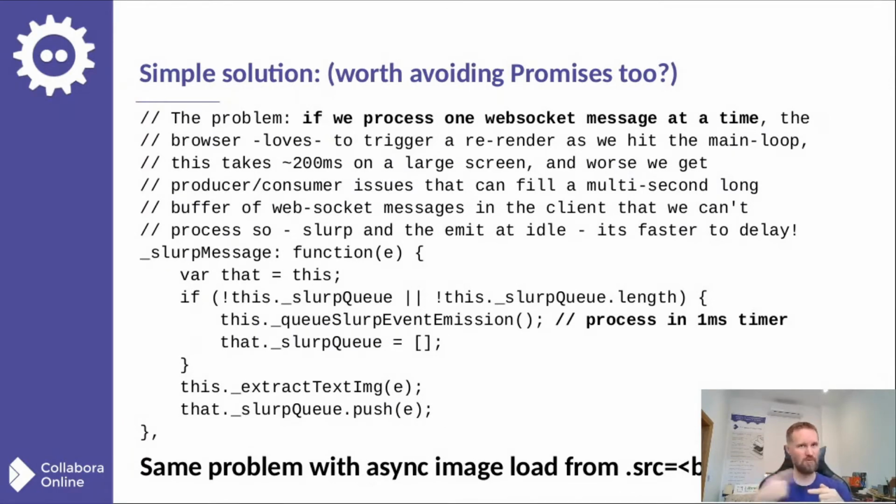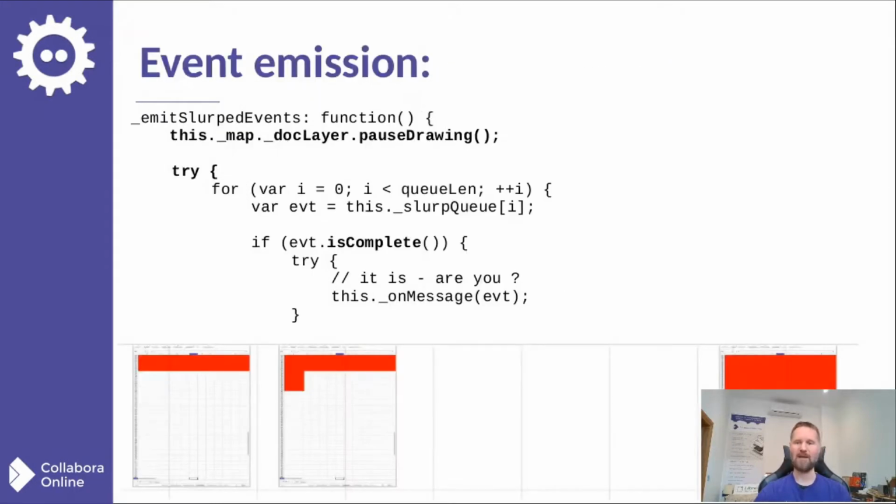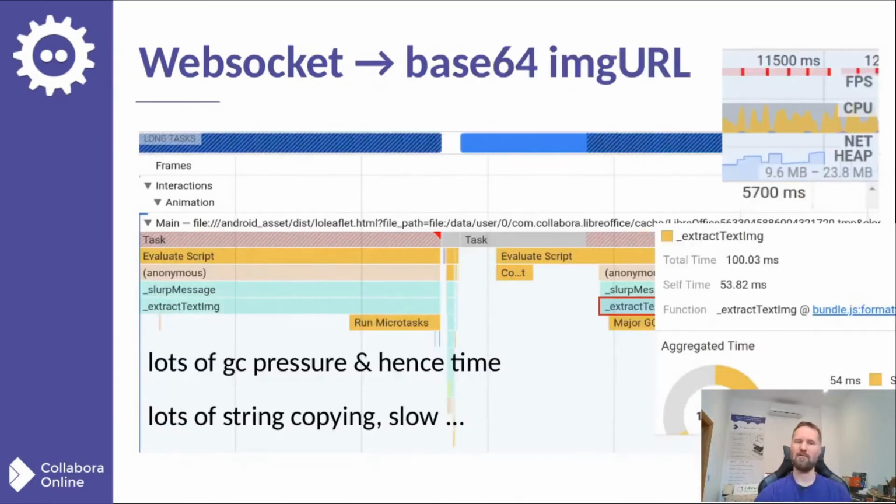We're idle still, and we pull all those events off the WebSocket, slurp them in, extract the text messages, extract the images, which is also an async loading problem, which is kind of horrifying as well. Even though you have a base64 string, you can't synchronously load the image. It has to be done asynchronously, which is another time around the event loop. And then, bingo, you can emit them all in great big chunks. So you can go from nothing to something much more rapidly.